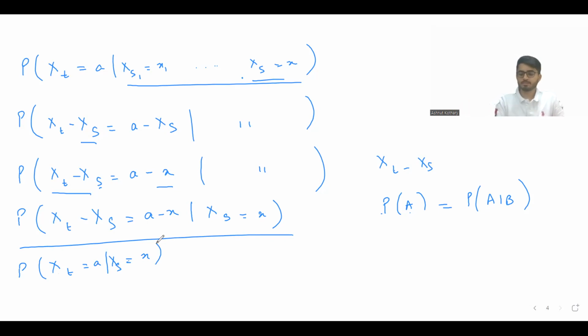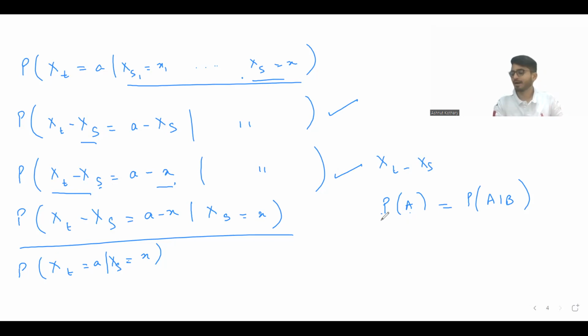So here the main step is, first of all, I am subtracting Xs. In the next step, I am replacing the value of capital Xs with small x only on one side. You might ask, why not on both the sides? Because we need a result in a particular format. That is why we are going with this methodology. And in the next one, although Xt minus Xs is independent of everything, just to bring it into the format in which we have defined the Markov property, we can just add this Xs as well.